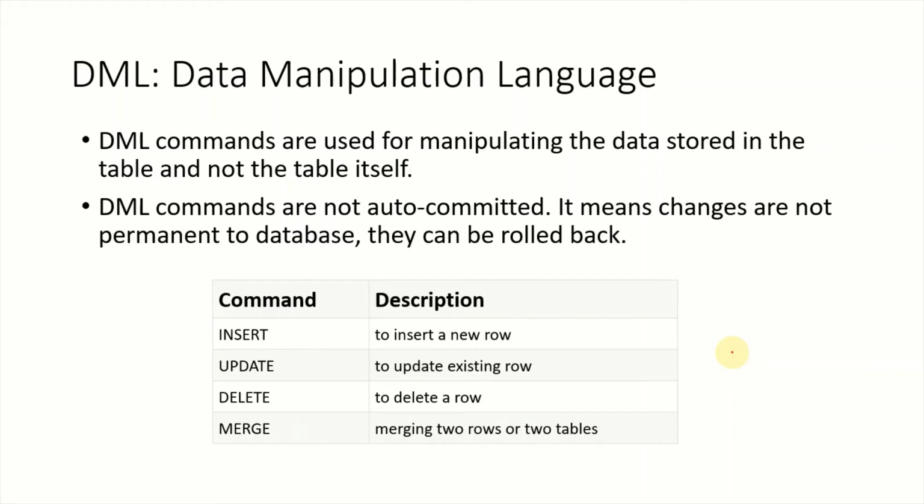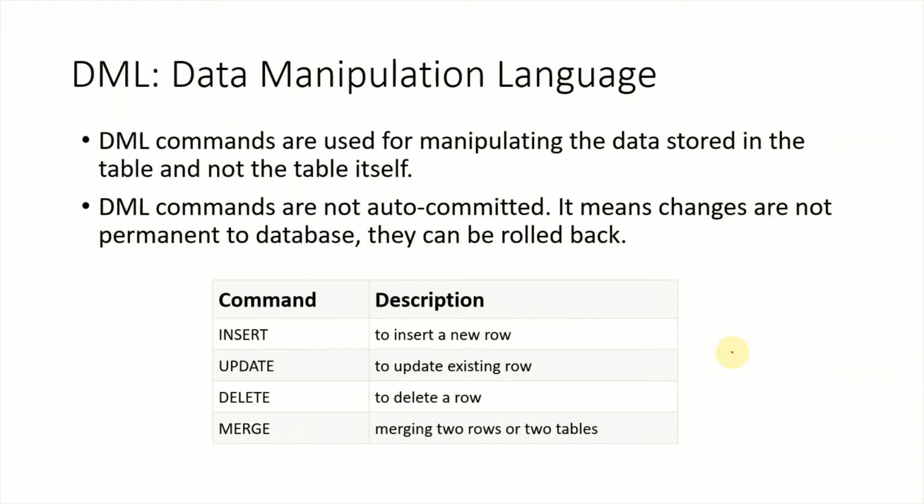So all these are covered by DML. DML commands are not auto committed, which means that if we make some changes, such changes would not be permanent. We can revert changes made by DML commands.